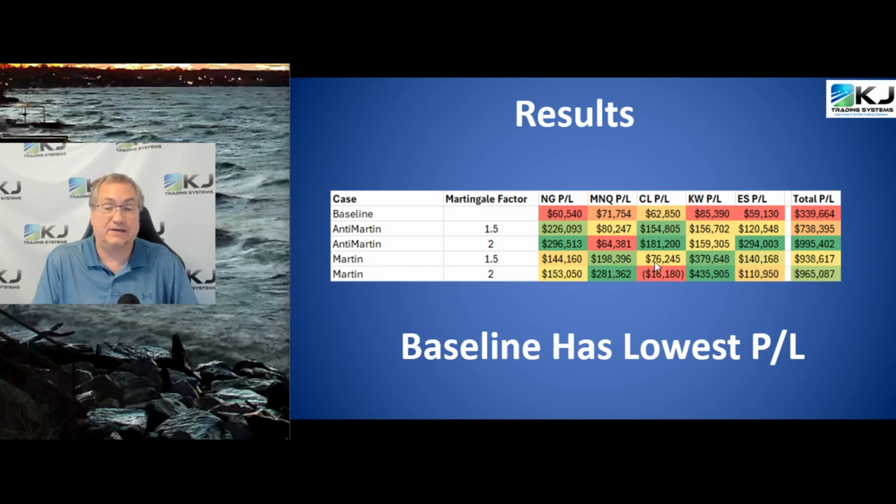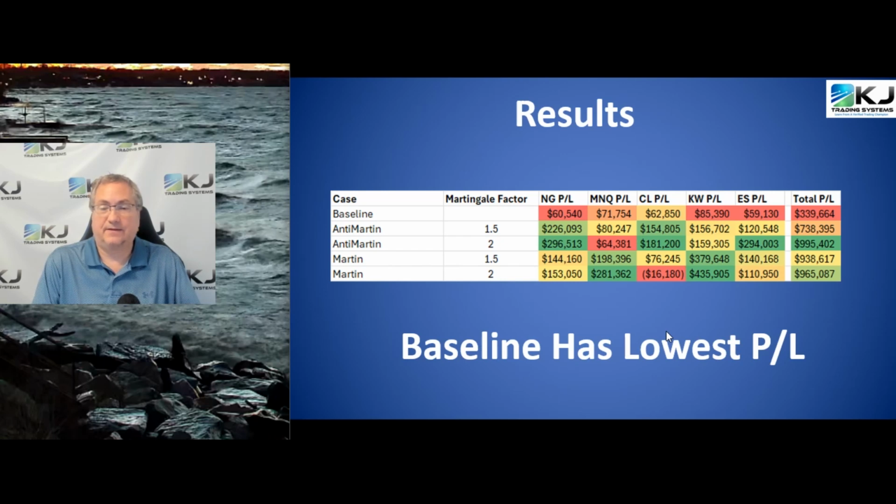The one other interesting thing to see here is there's a crude oil strategy that with the Martingale actually lost money. So this was a winning strategy, and I actually made it a loser by my choice of position sizing. So that's an important thing to keep in mind, is that you can really screw things up if you apply a bad position sizing approach to your strategy.